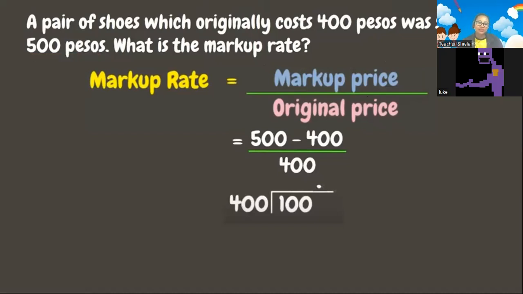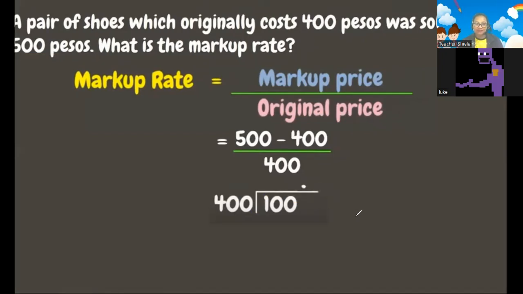So how do we do it? The numerator here is 100, and then it is divided by 400. But 100 divided by 400 cannot be done directly because 400 is bigger than 100, right?